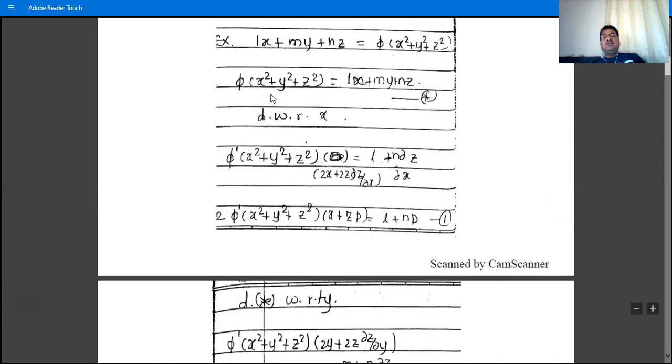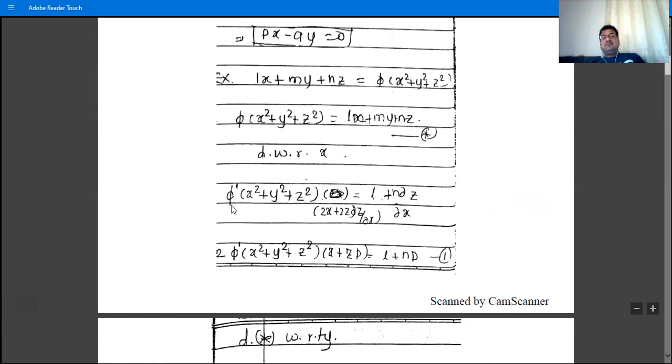So differentiate with respect to x. The derivative of phi is phi dash (x² + y² + z²) times the derivative of x² + y² + z² with respect to x.